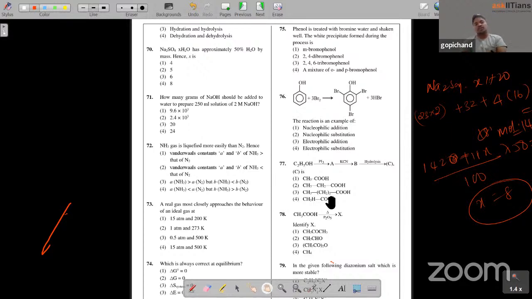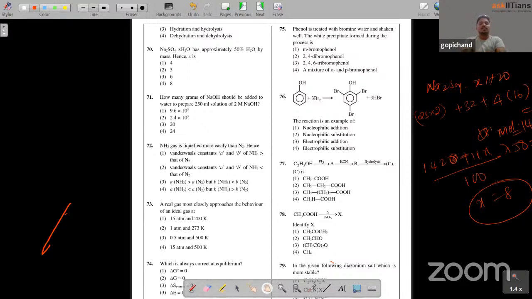We should always use a formula like M1V1 equal to M2V2. As we don't know that, you can easily calculate it by using the molarity formula, and you can follow 71 and 72.